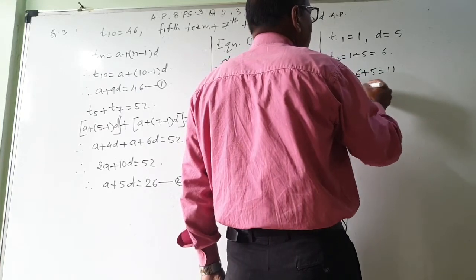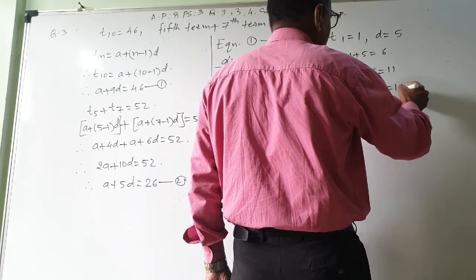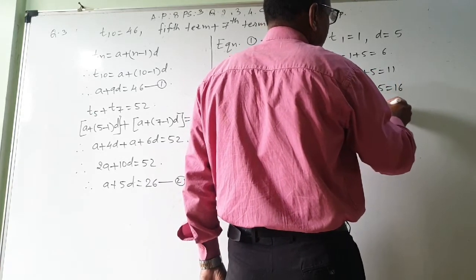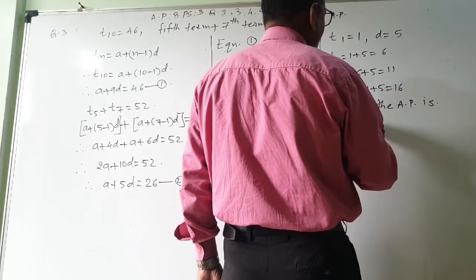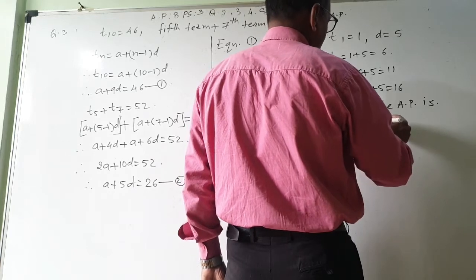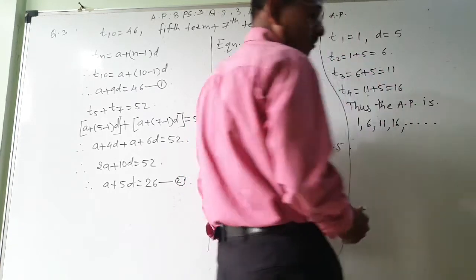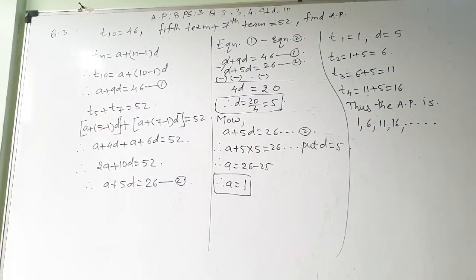T4 equal to 11 plus 5, this difference you go on adding, that is equal to 16. Thus, the AP is 1, 6, 11, 16 and so on. This will be your answer. Hope that you have understood this.